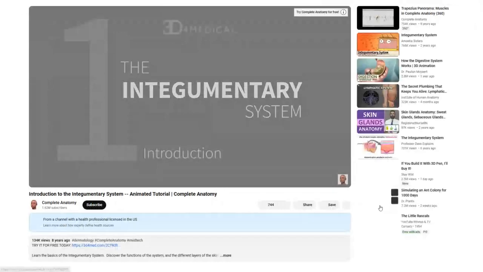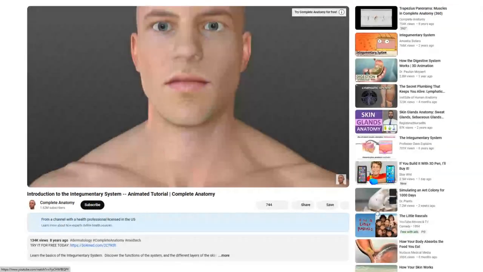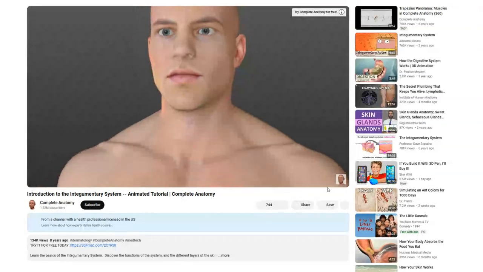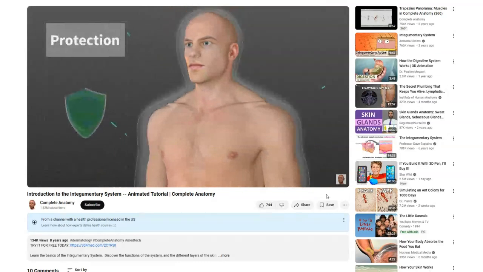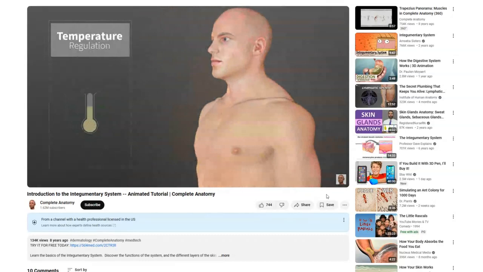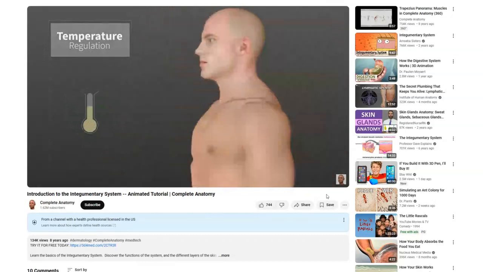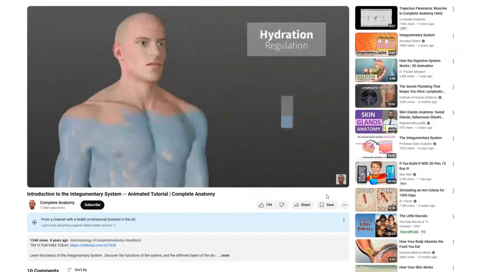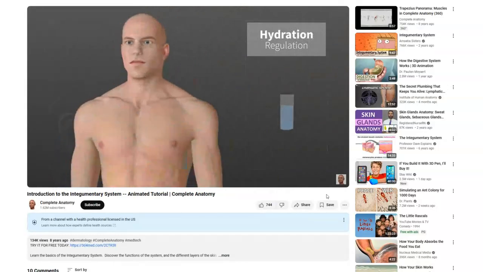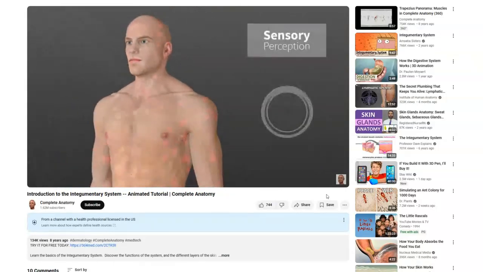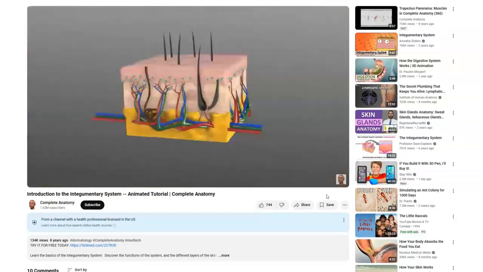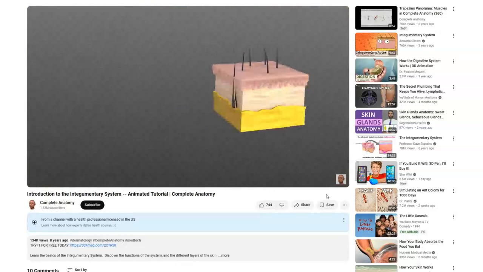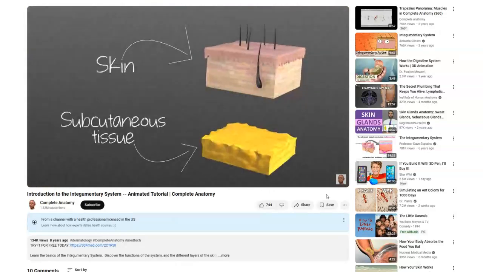The integumentary system, also known as the dermal system, is the largest system in the human body. It consists of structures that form the body's outer covering, and its functions include protection against the external environment, regulation of body temperature, regulation of hydration levels, sensory perception of touch, temperature, and pain, and synthesis of vitamin D. The major components of the integumentary system are the skin and the subcutaneous tissue.